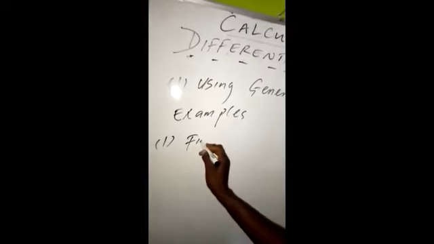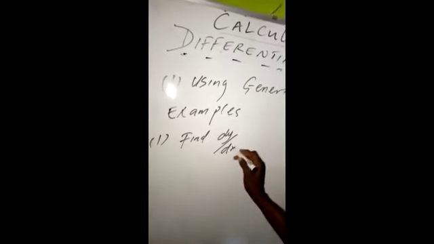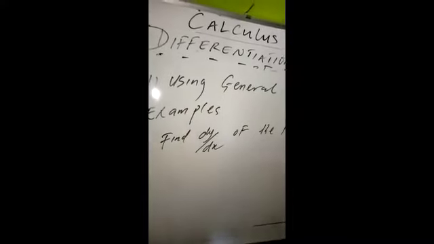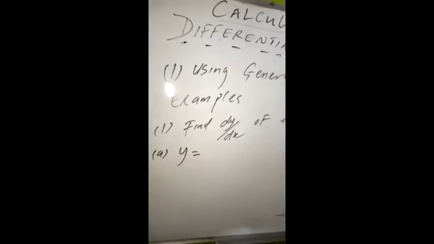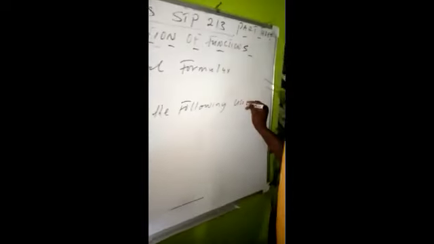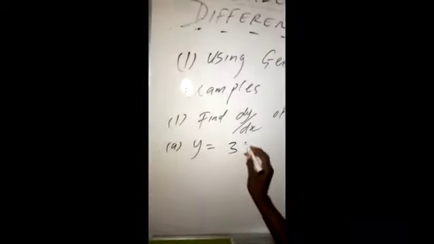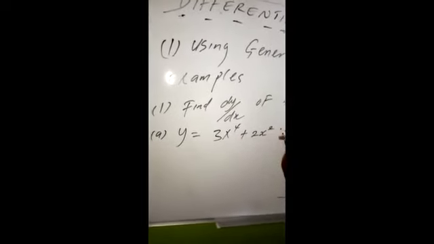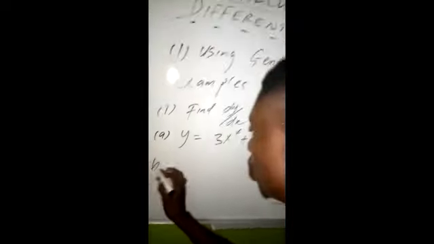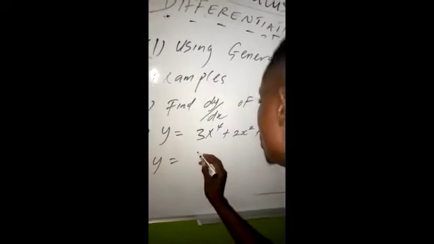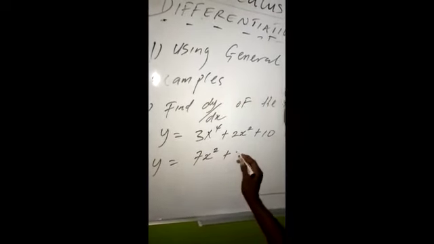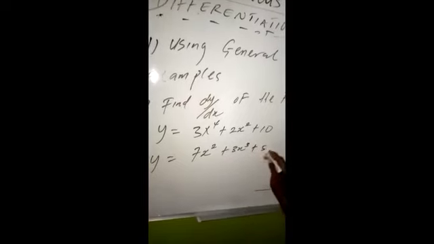If I ask you to find dy/dx of the following using the general formula: 1, y equals 3x to the power 4 plus 2x to the power 2 plus 10. 2, if I have y equals 7x to the power 2 plus 3x to the power 3 plus 5x, then plus 100 at x equal to 1. So this is just the question now.